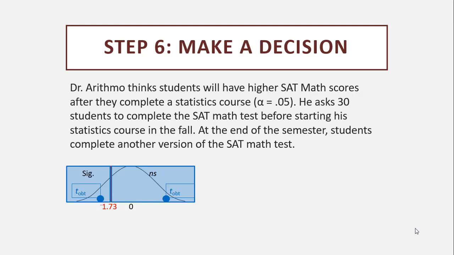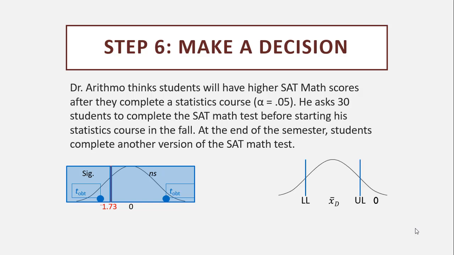Which brings us to step 6, where we have to make a decision. And we can make this decision using null hypothesis significance testing, using that t obtained compared to the t critical, which is what we see here. So if t obtained is less than negative 1.73, it's significant. We reject the null.